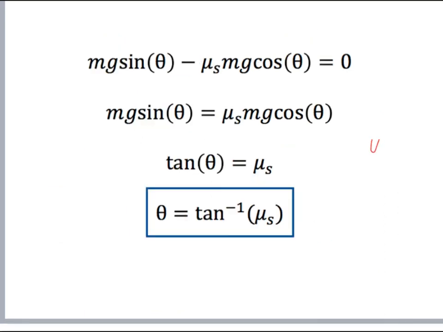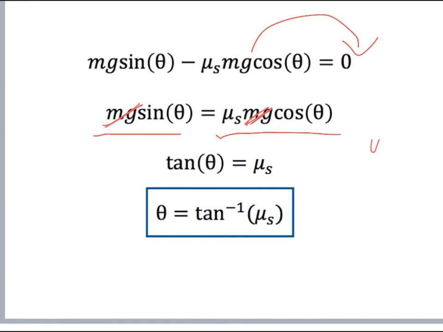Now the problem is to find the angle. I want to find the angle that this relationship is going to be true. So all I need to do is solve this for theta. Now, if I bring this guy over here, I get mg sine of theta equals mu sub s mg cosine of theta. I can immediately see that the mg's are going to cancel.